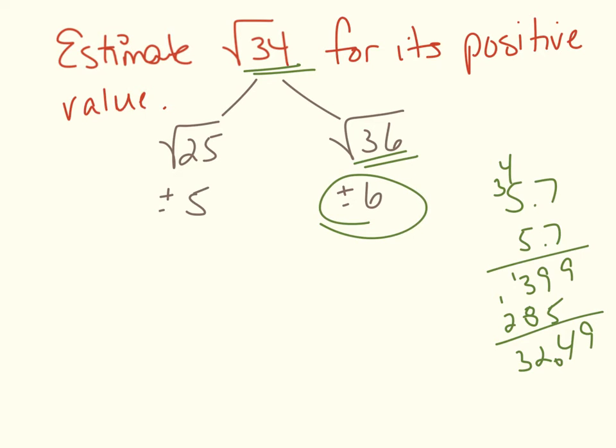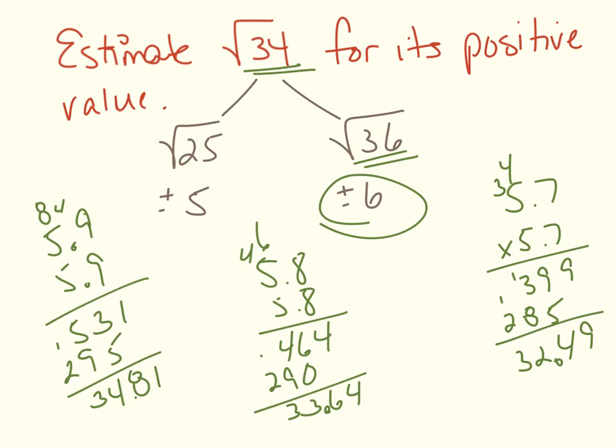So to estimate this, I look at something in that range, like 5.7. And I multiply 5.7 times itself. And as you can see here, it equals 32.49, which is pretty close. But let's see if we can get closer. Looking at this, you can see that I squared 5.8 and multiplied it out, and I squared 5.9 and multiplied it out.